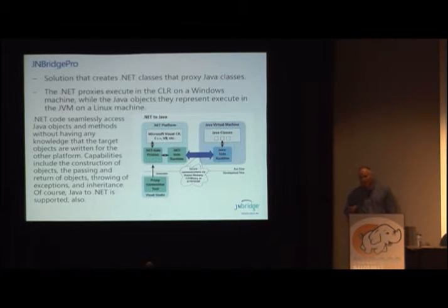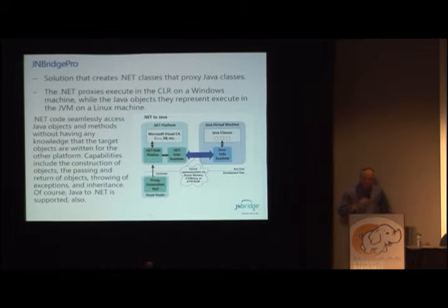You can invoke methods on that object. You can use objects as arguments. You can even have a Java interface that you can implement in .NET and then use as an argument when you call a method in one of the .NET proxies. This is a way of having a very rich API, there's really no limitations. So any API that's public in the Hadoop stack, you can actually proxy with JaneBridge Pro.